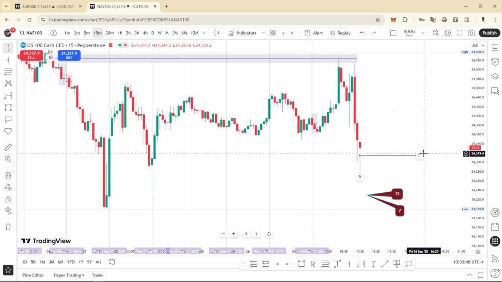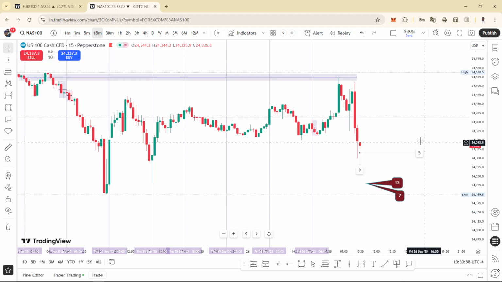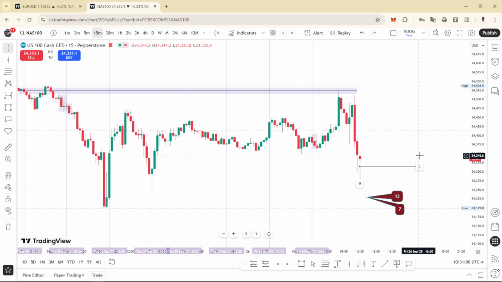All right. And so let's see what the 9 is going to do. Does it retrace as expected? I'm working based on a higher time frame divergence actually.